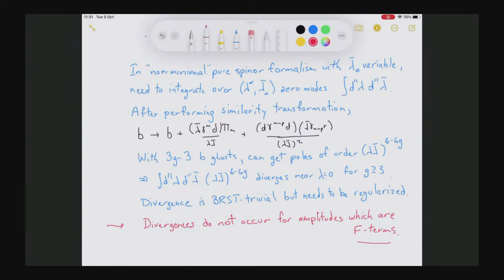So I'm not claiming that I will be able to resolve the subtlety, in the sense that there will always be this subtlety in RNS about the space being non-split. But I think this equivalence, at least you may be able to understand it in terms of a different language, in which it comes from these poles when lambda bar goes to 0. So that's the hope.